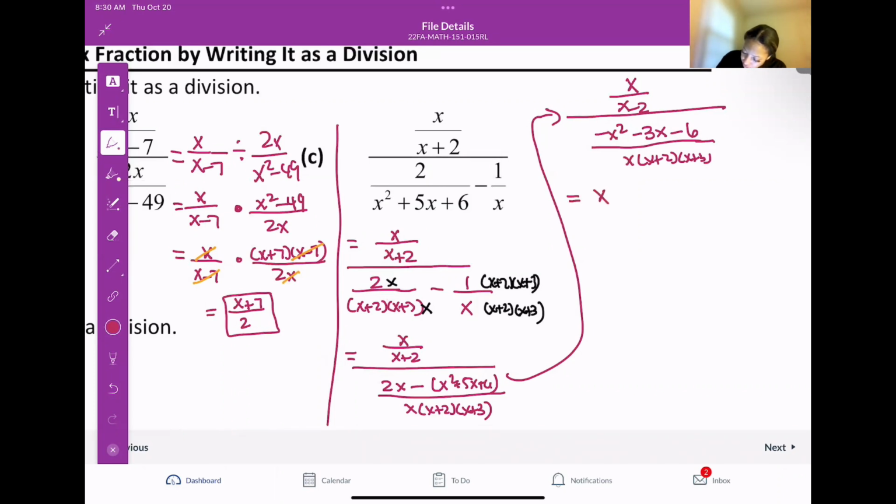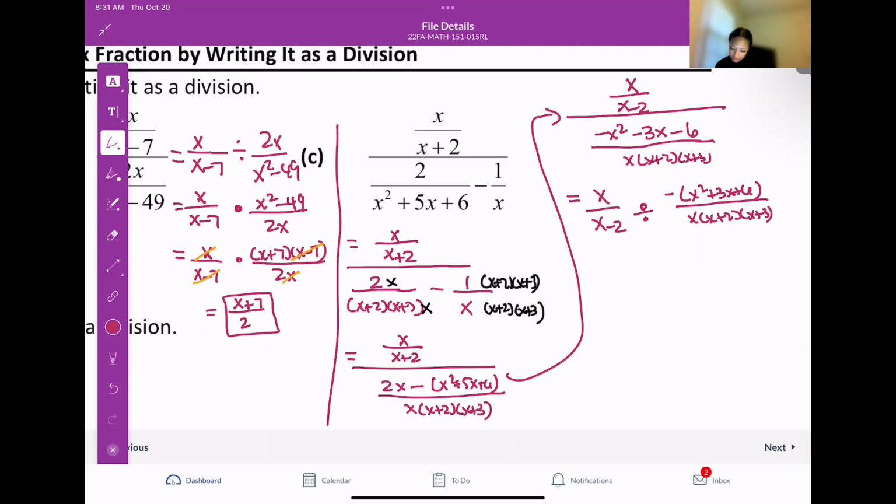This would be x over x plus 2, divided by negative x squared minus 3x minus 6 over x times x plus 2 times x plus 3. It doesn't look like anything cancels here. Let me make sure I didn't make any errors.